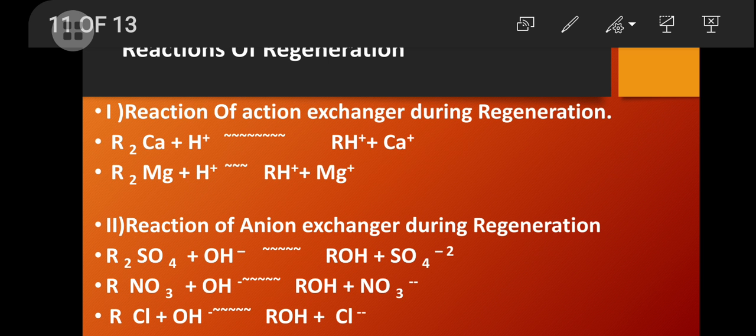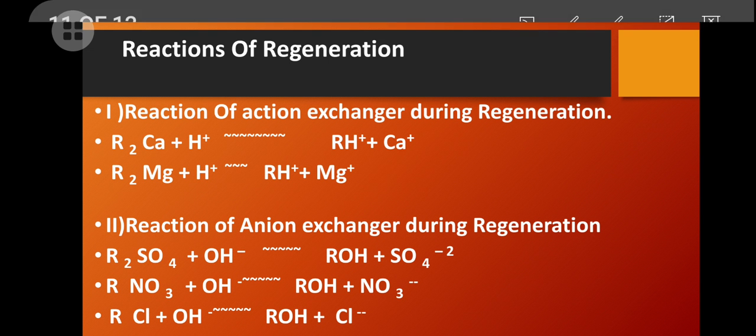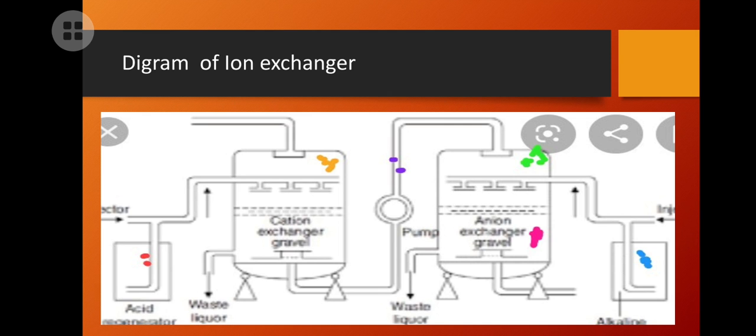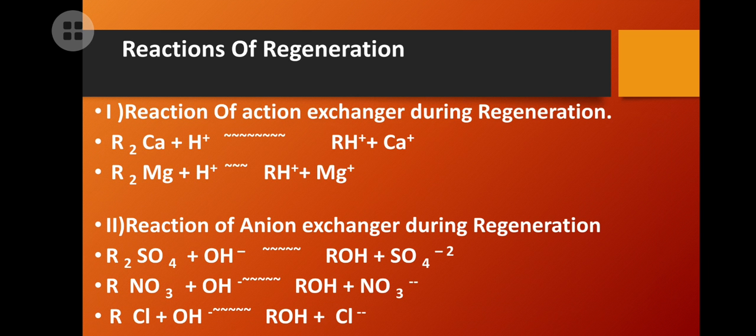It reacts with OH ion, and we get ROH and chloride ion is released. Similar is the reaction with R2CO3. It reacts with OH ion, and as a result we get ROH and carbonate ion is released. Then similar is the reaction with bicarbonate ion.